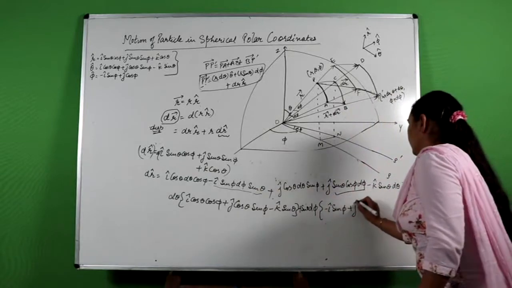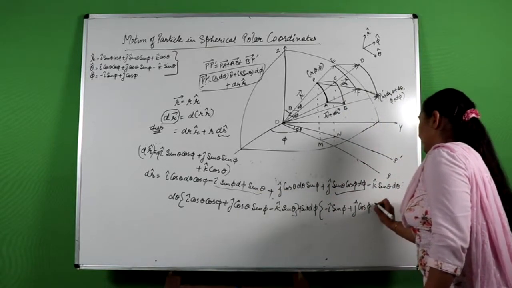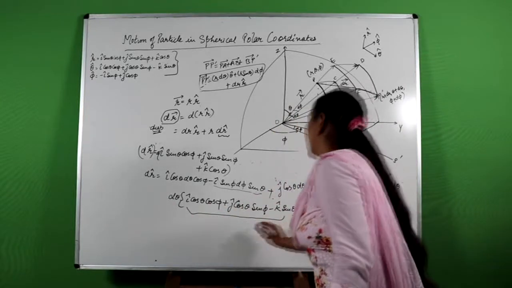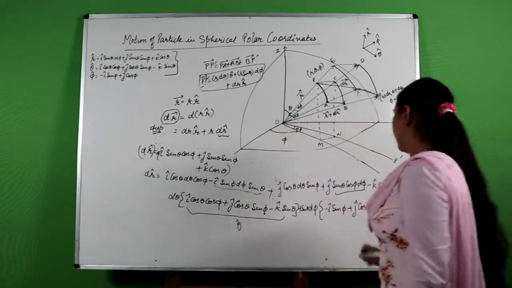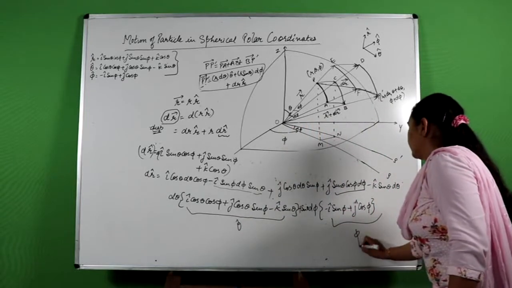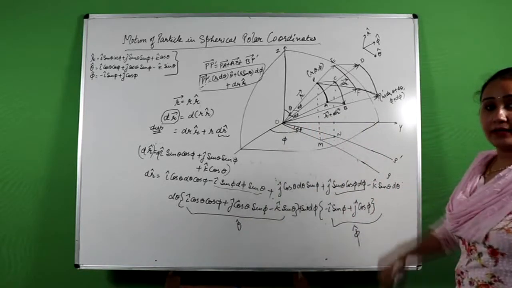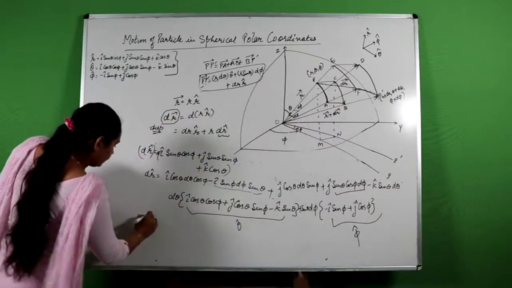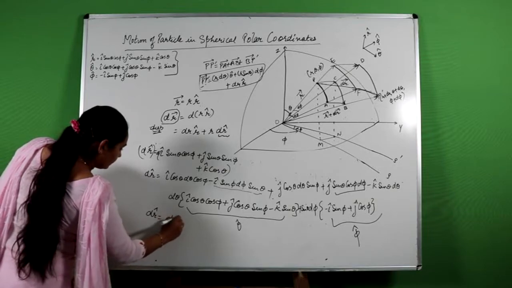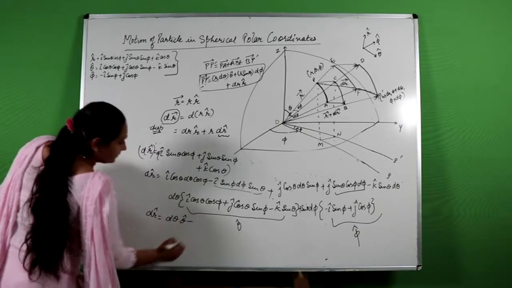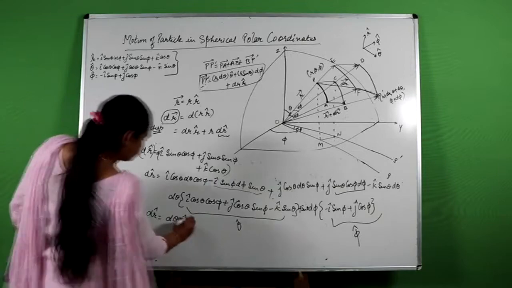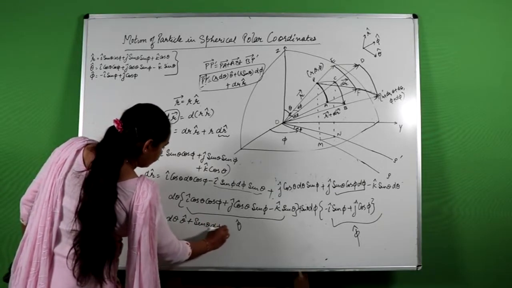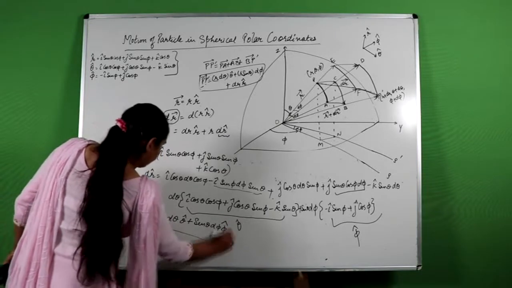So now this is the value for theta cap and this is the value for phi cap. So I get dr cap equal to d theta into theta cap plus sin theta d phi into phi cap.